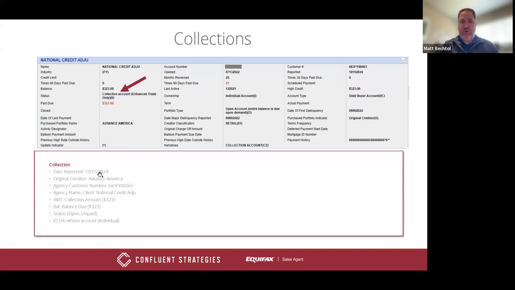What was the date reported to Equifax? Who's the original creditor that the balance was owed? And then you'll notice the collection agency name, the actual collection agency that reported the information. What was the amount of the collection? And then what is the current balance of the collection?